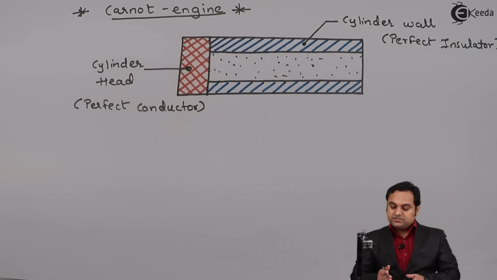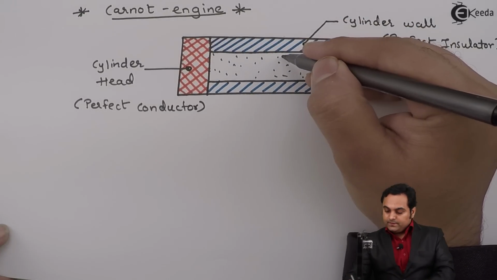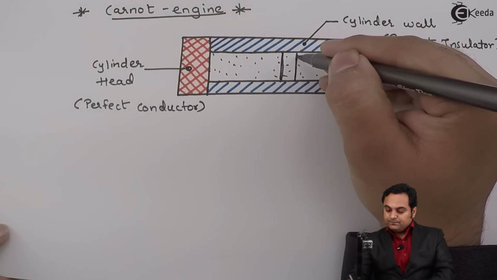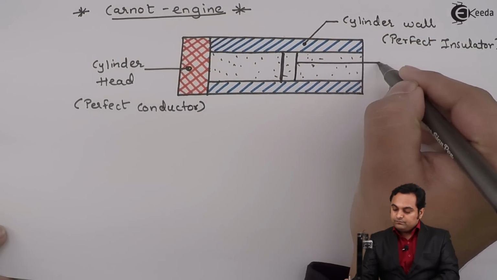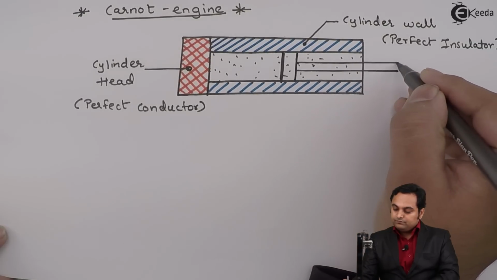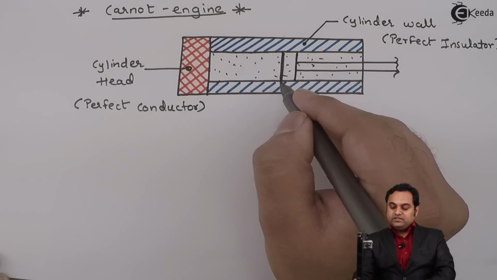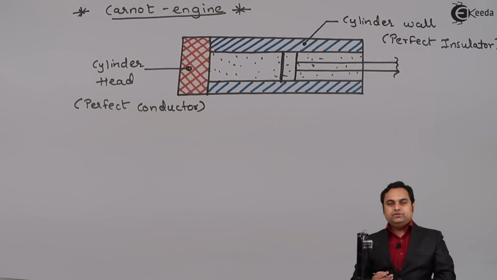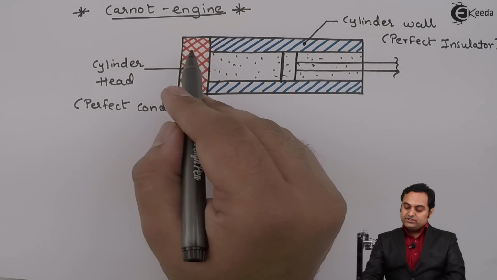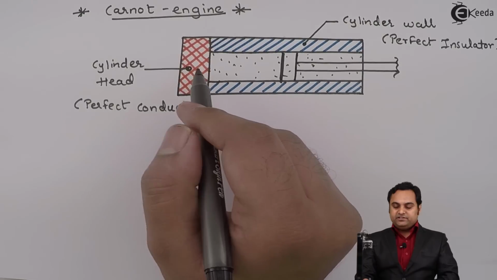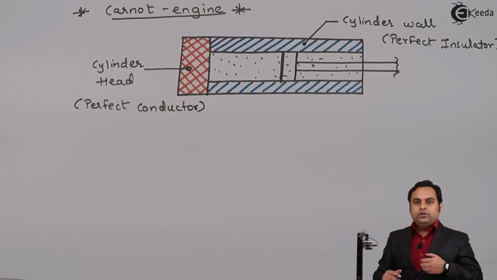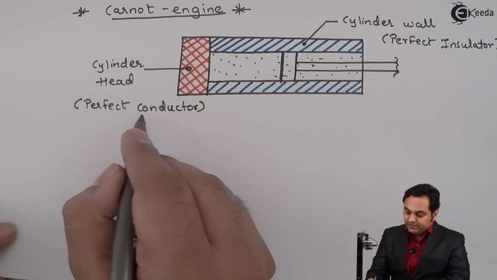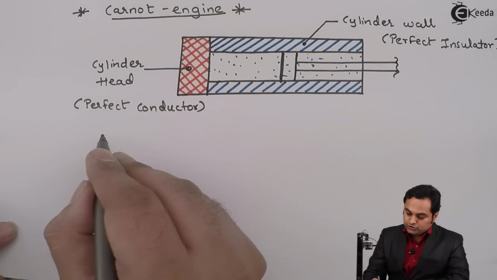When the piston is compressing the air, suppose the piston is here. After the compression, as we know, there is a heat addition process. Since the cylinder head is a perfect conductor, at that time the heat source would be brought close to the cylinder head.